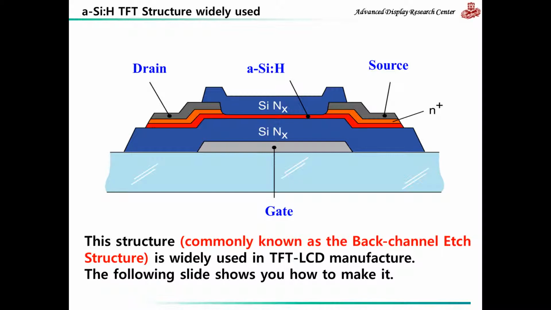As previously mentioned, the back channel edge structure is the most popular amorphous silicon TFT structure. Now we are going to learn how to make the metal electrodes, which is the gate and the source and drain electrodes, and how to make the gate insulator, which in this case is silicon nitride, and how to make the active region, which in this case is amorphous silicon.